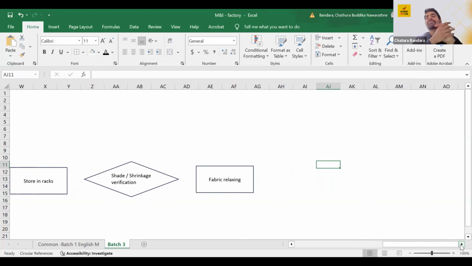Then what happened? We receive the fabric requirement from the cutting department. Can you directly issue it to the cutting department? Yeah, after fabric relaxing, as per their requirement, we issue it directly to the cutting department.